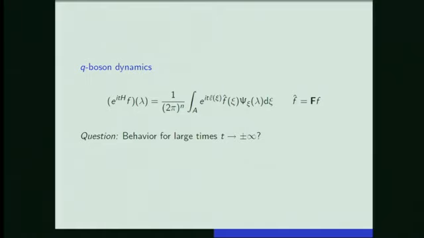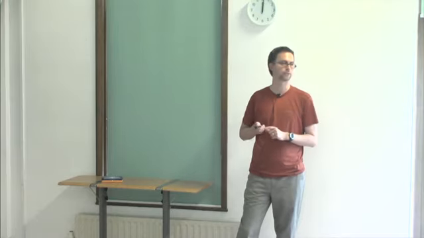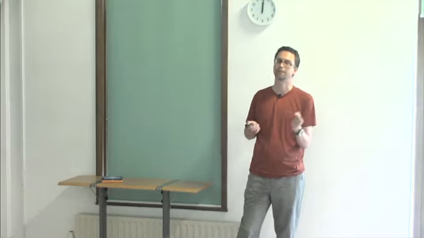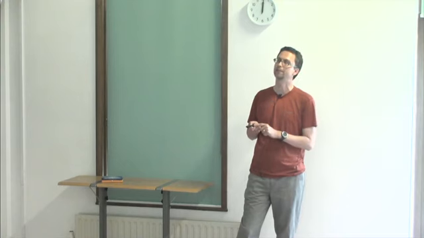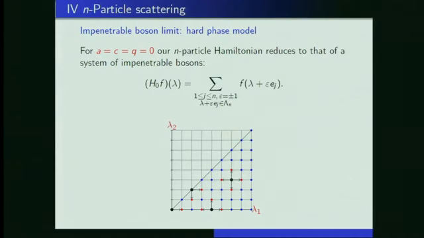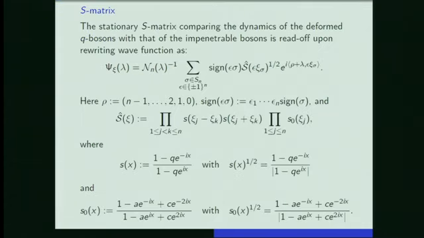And the idea is that for large times, we are away from the boundary, so the coefficients of my q-boson Hamiltonian are equal to 1, so for large times they coincide with these. So the idea is that we can compare the q-boson dynamics, which is in principle more complicated, with this simple dynamics. Well, as any physicist knows, well, I'm not a physicist, but they tell me.